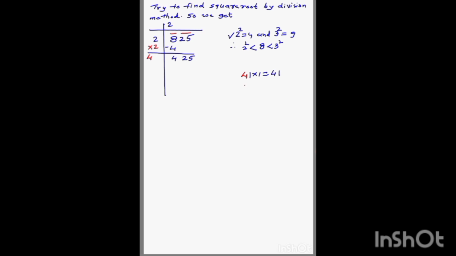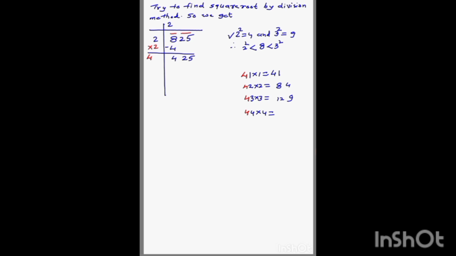Now 42 into 2: keep the 4 as it is, the multiplied value stays, and increase this digit. 42 into 2, what is the multiplication? 84. 43 into 3. Every time go on increasing the digit and multiply by the same digit, the units digit.